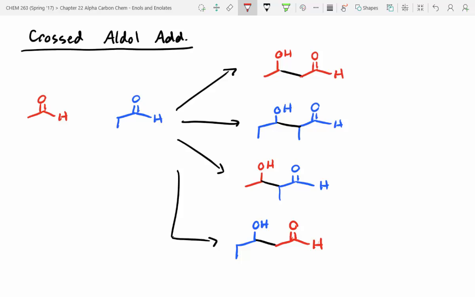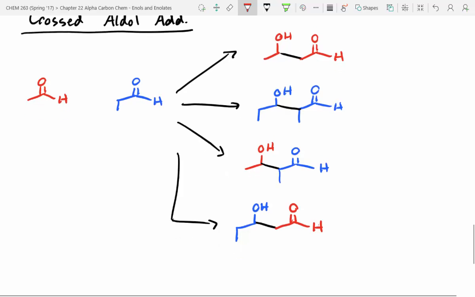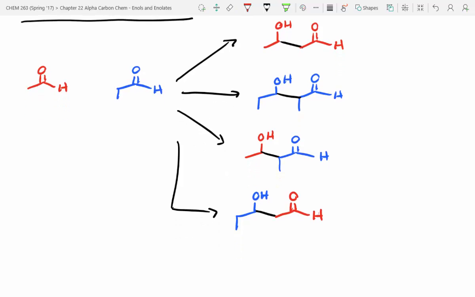So really from this reaction, if you just threw everything together, you get 4 different products out. And this is a big problem. So we have to have strategies for avoiding formation of multiple products if we do want to do a crossed aldol condensation or addition. So let's take a look at tips and tricks for only getting 1 product.